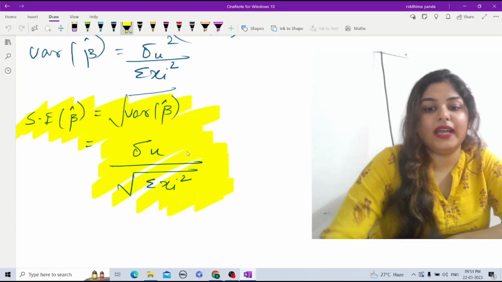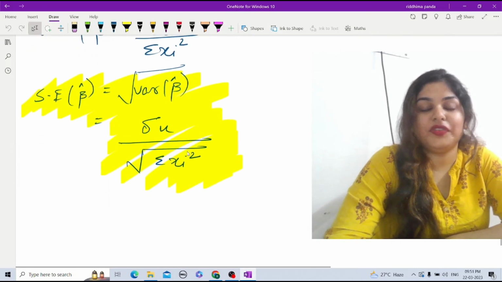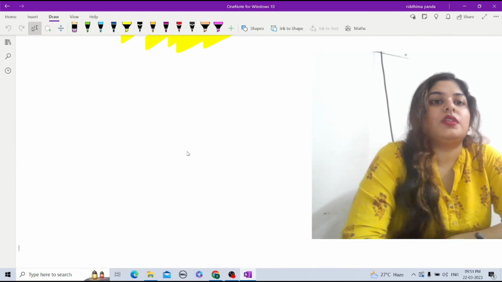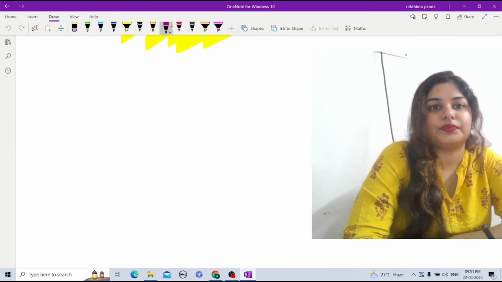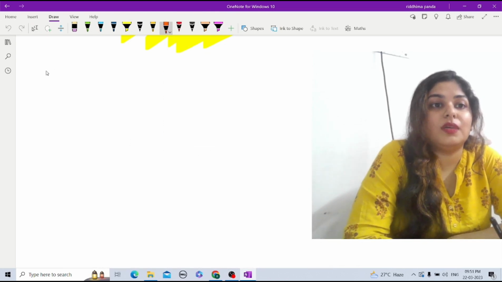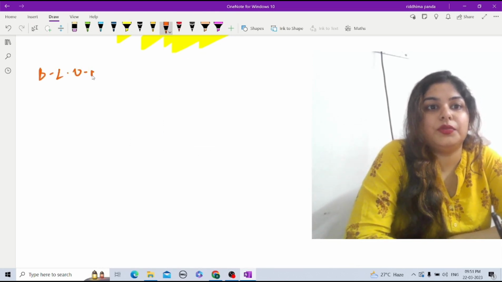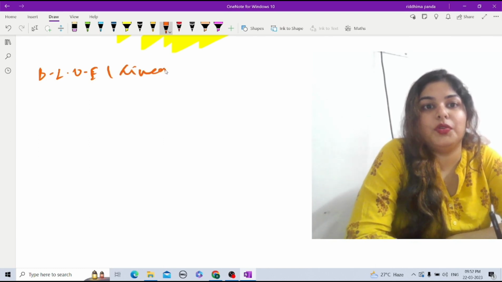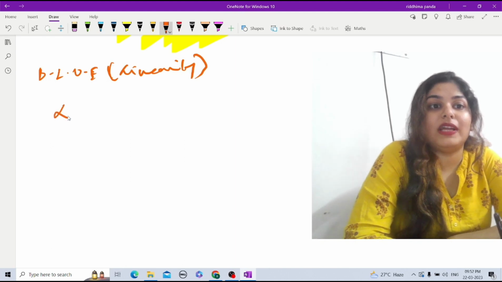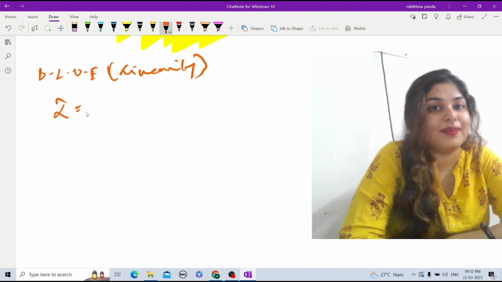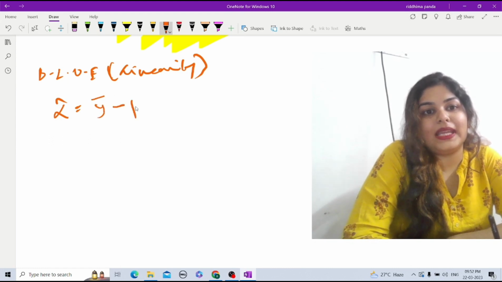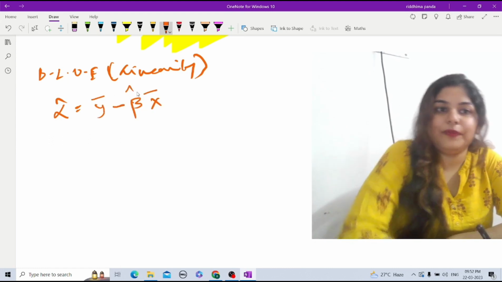Now for alpha hat, again we have to find out the variance and then the standard error, right? So from the property of BLUE, that is the linearity property of BLUE, okay. Before that, I'm going to write down the value of alpha hat, which we have calculated by the OLS method. That is alpha hat is equal to y bar minus beta hat x bar, okay.